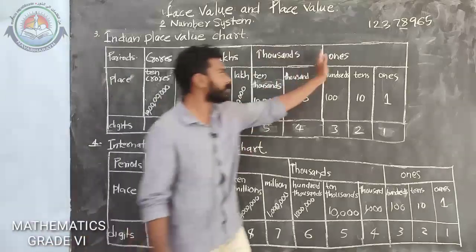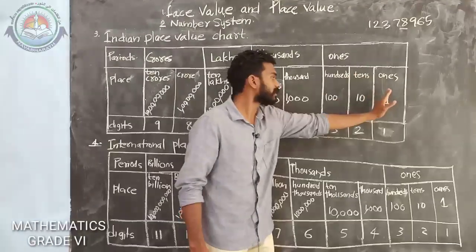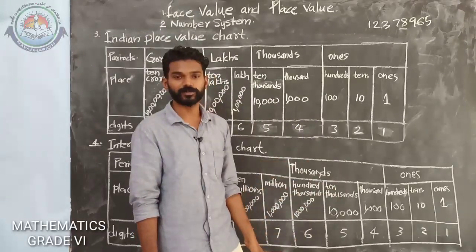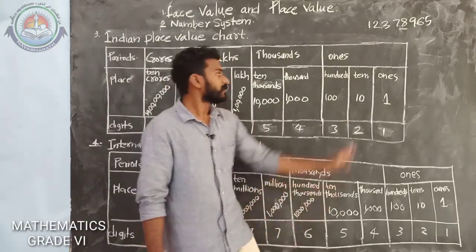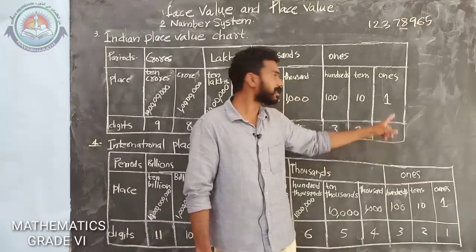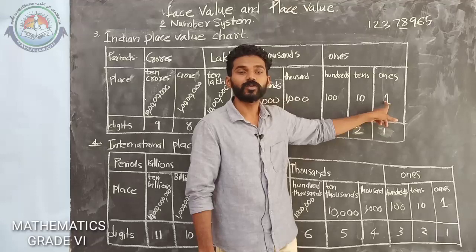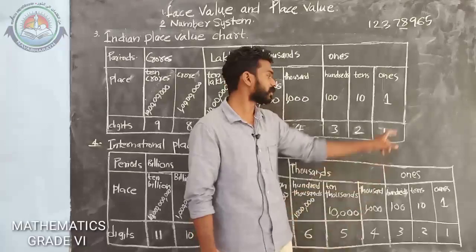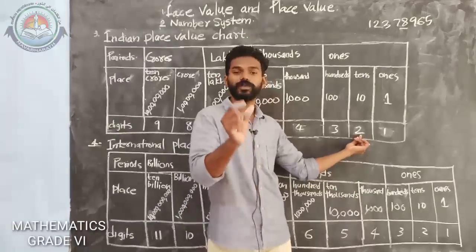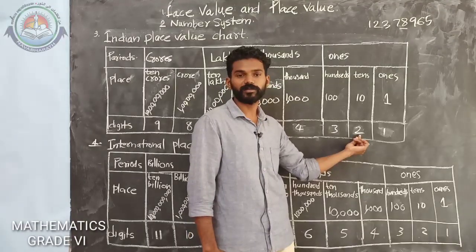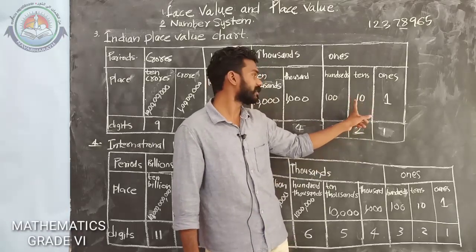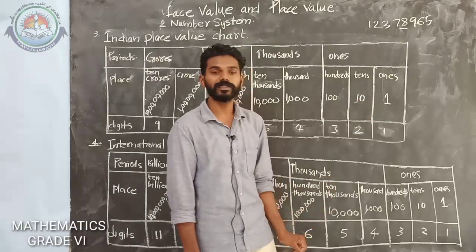And in each period, you can see that there are certain places or place values. If there is only one digit in a number, that digit represents ones place. If there are two digits, the second digit represents tens place.